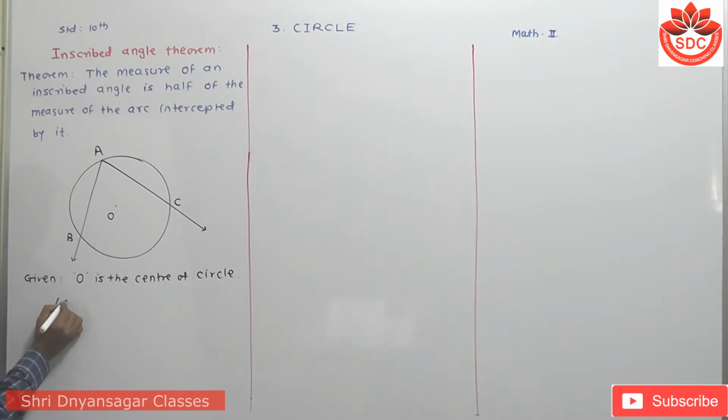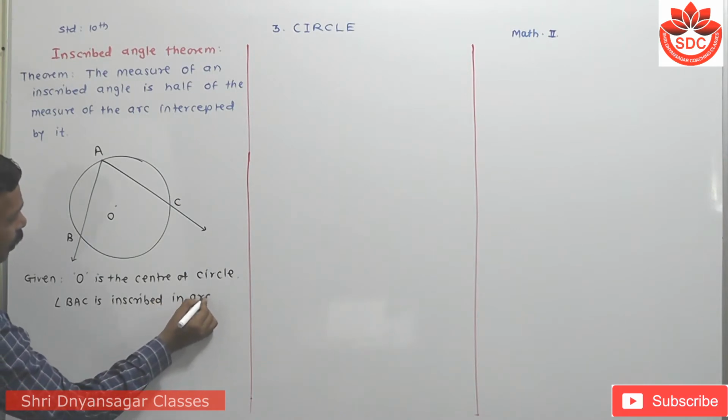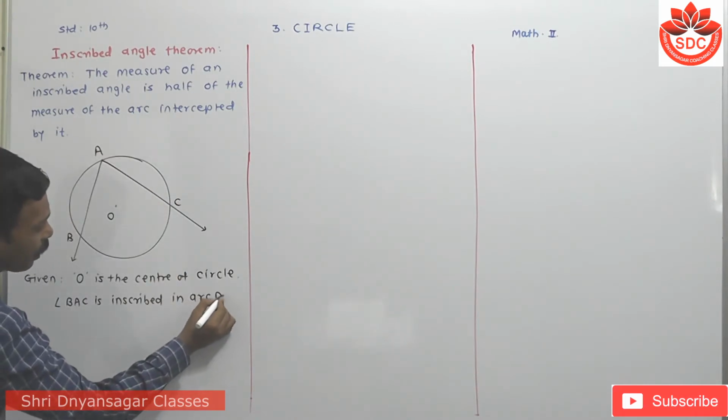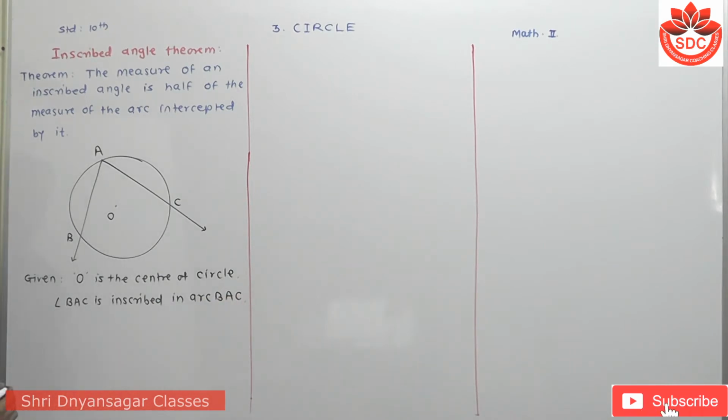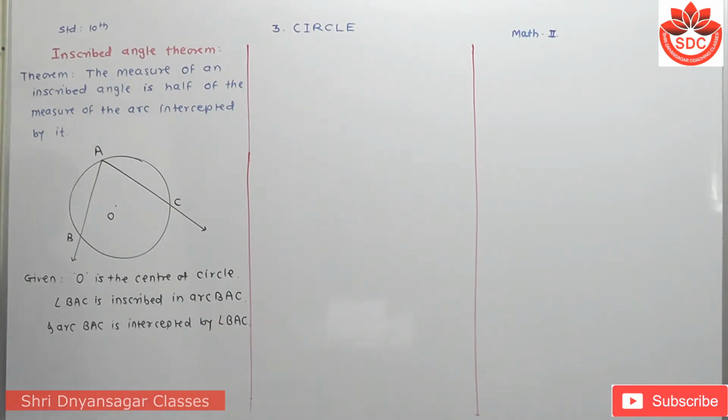Angle BAC is inscribed in arc BAC, and arc BAC is intersected by angle BAC. This is our given.